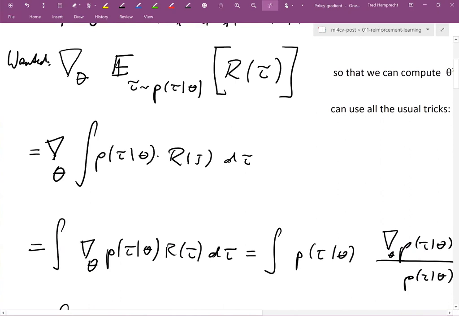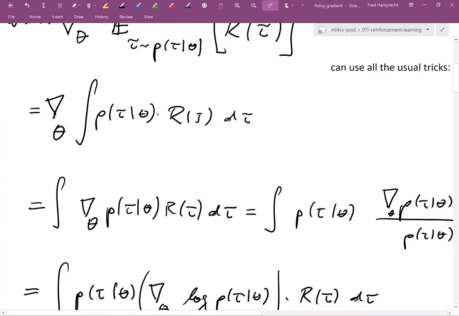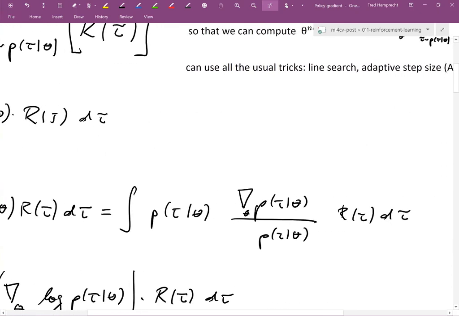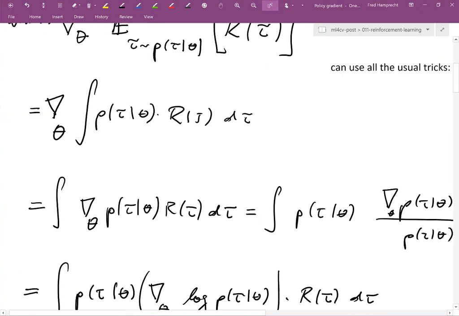Then under mild assumptions, we will exchange the integral and the differentiation. And then this is a trick that we've seen before when we looked at the Fisher information and so on.